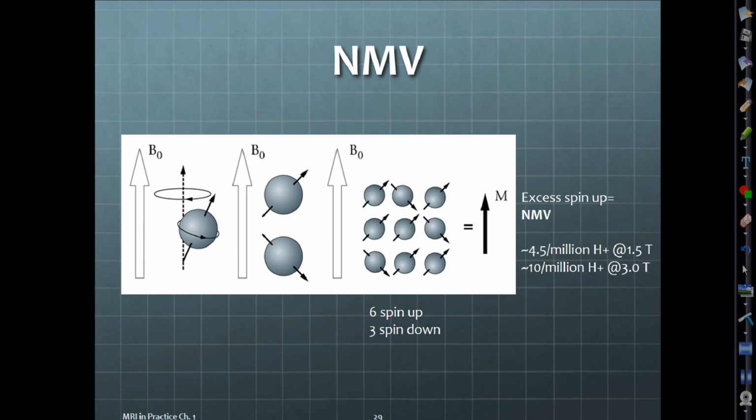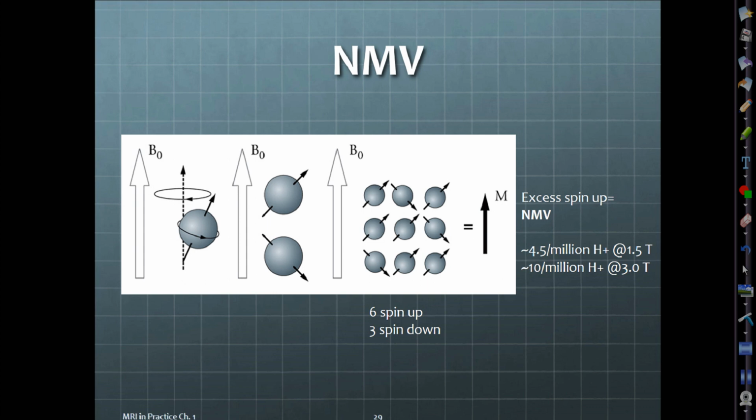And back to this slide, in reality, it's not going to be just 3 or 4 low energy spins that you add up. It's in the range of 4.5 million hydrogen spins that are going to be in excess for 1.5 Tesla, and then you almost double it for the 3 Tesla. Okay?